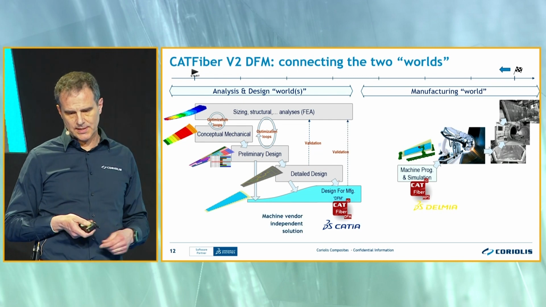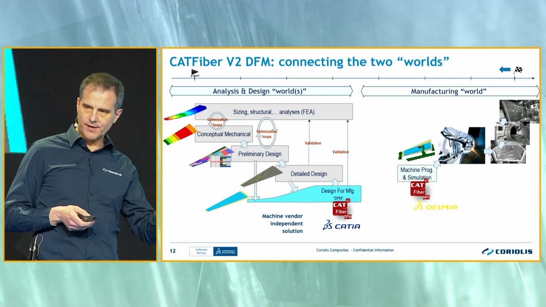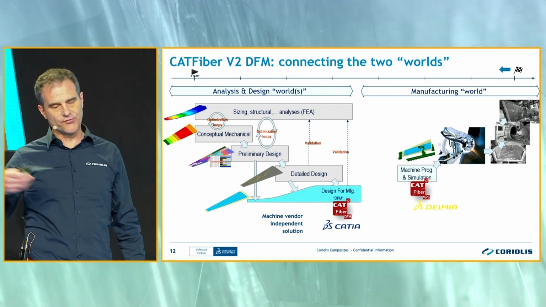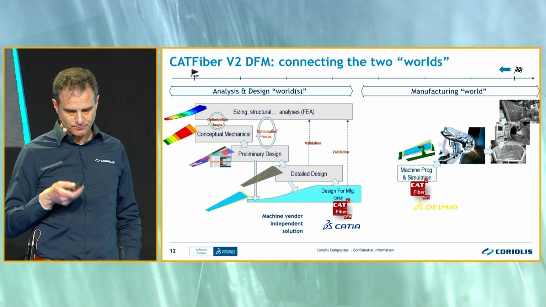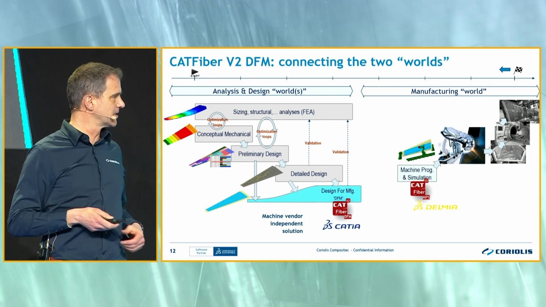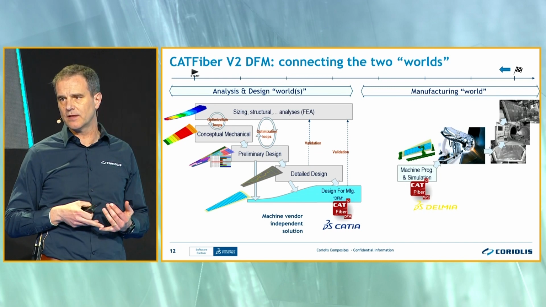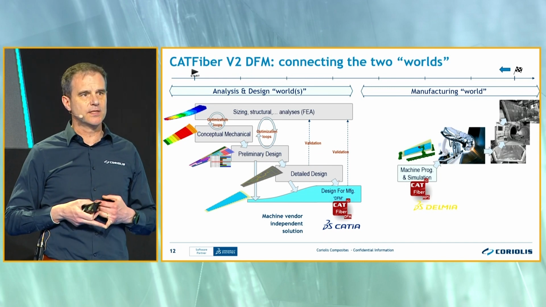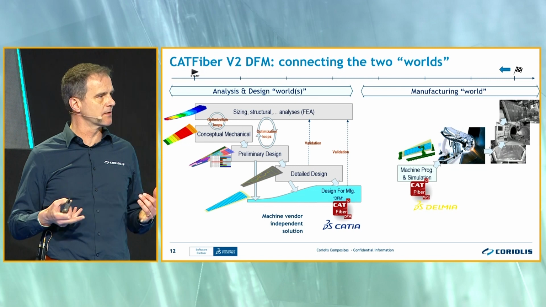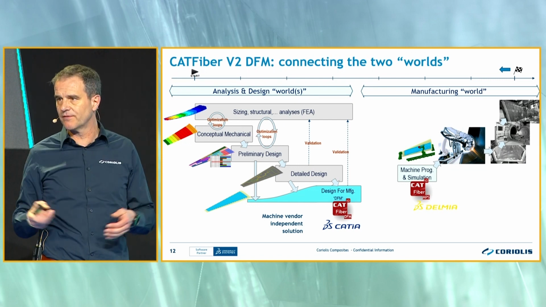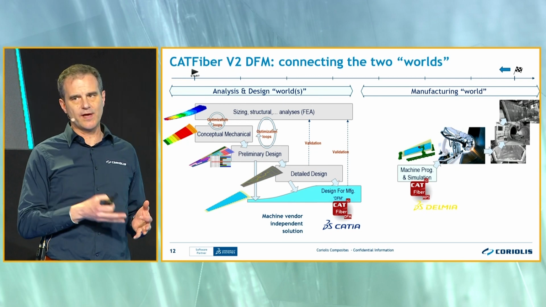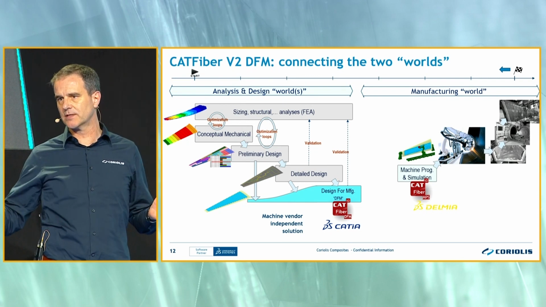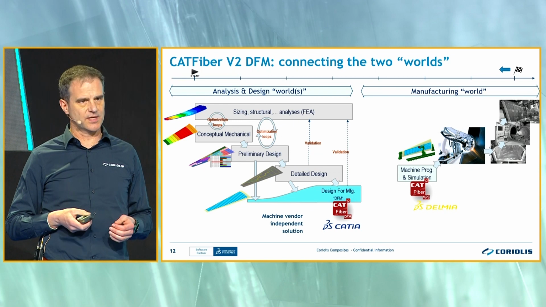You can use it, for example, at preliminary design, detailed design, and of course at the end of detailed design when you want to actually program the machine. At preliminary design, you can first define the theoretical orientations. It's quite surprising how much the theoretical orientations, 0, 45, minus 45, etc., are considered without really thinking of the impact on the manufacturing aspect.